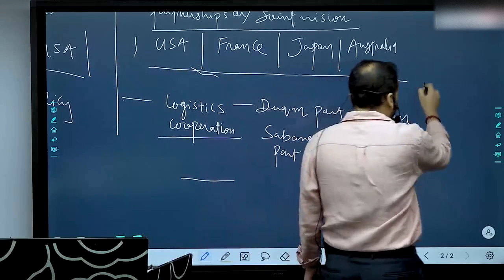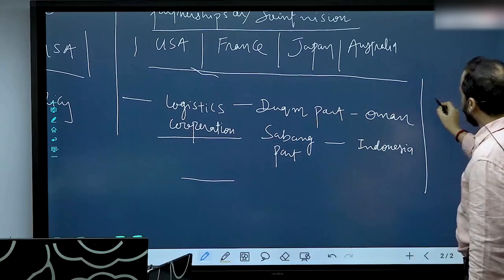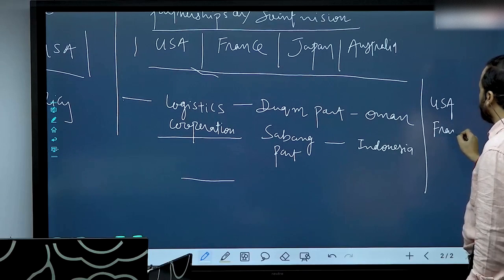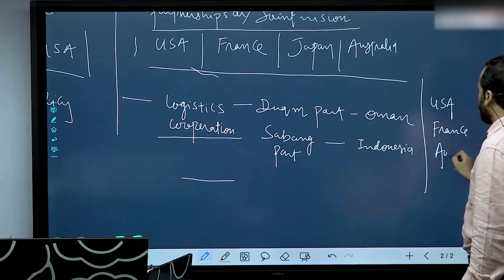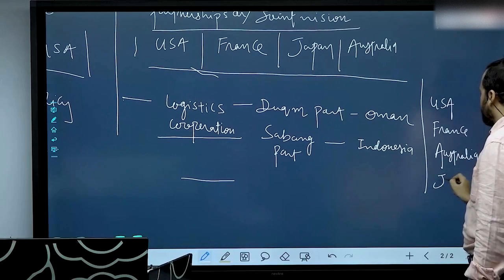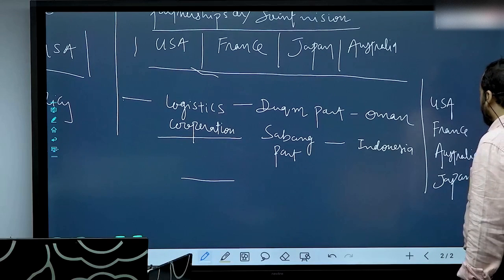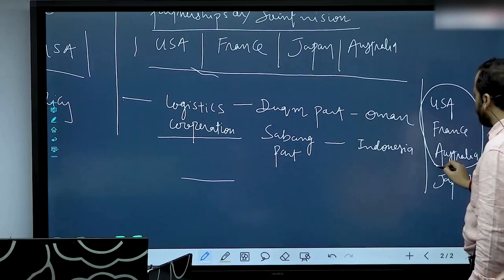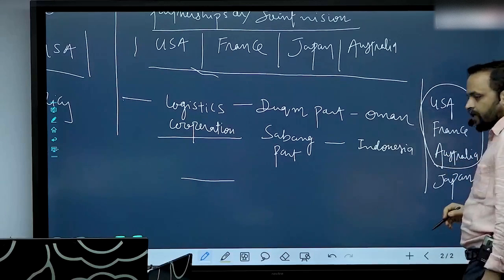But we have logistics agreement with USA, with France, with Australia, with Japan, right? So these are relevant in the context of Indian Ocean, USA, France, Australia, right?